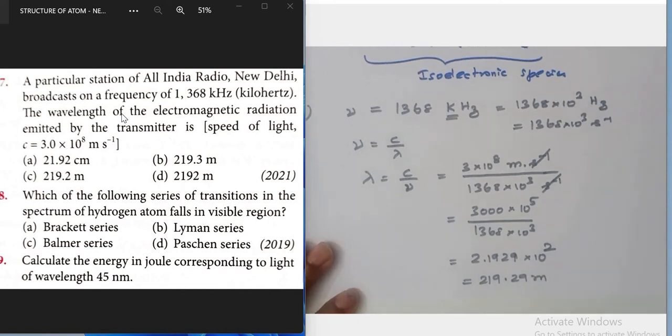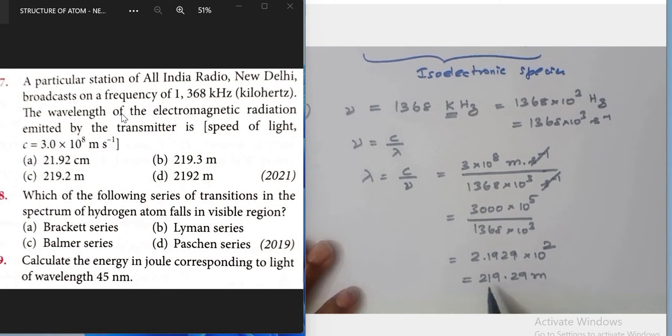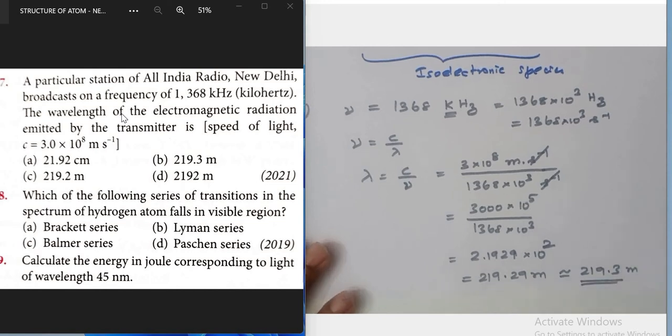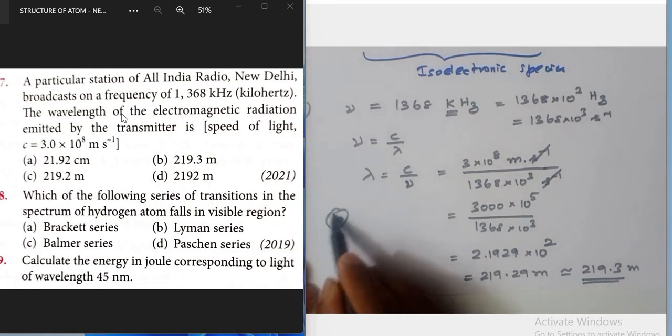You will get the answer in meters. Which option matches exactly with this? 219.29 is there. If you round off, I can write it as 219.3 meters. So the correct option for this question is option B.